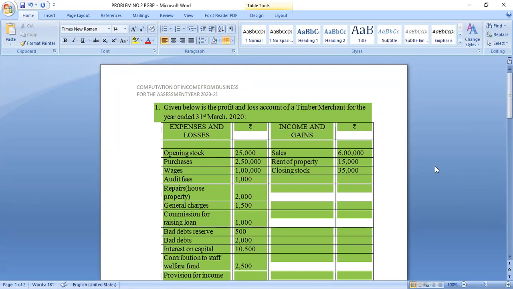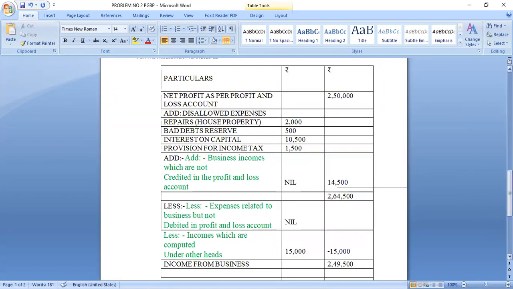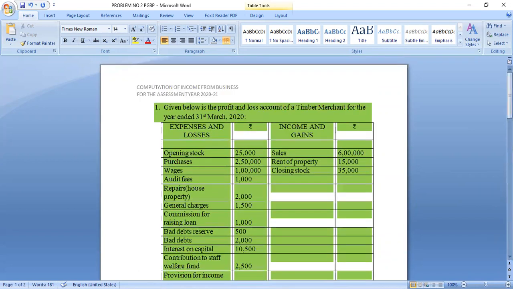Everything I discussed here is in the theory part. Okay, now I will revise it again.